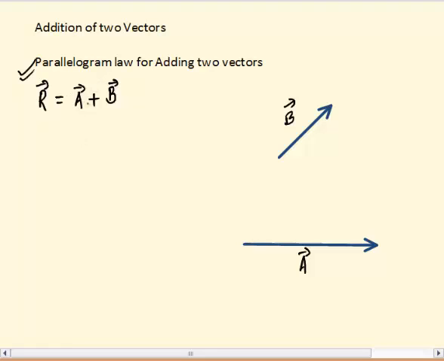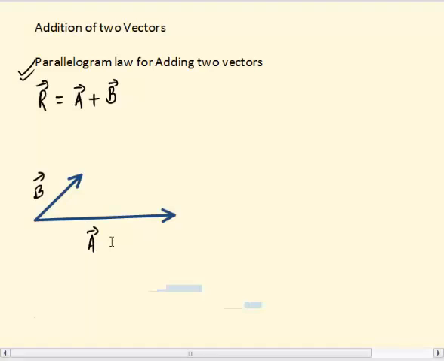It states that we have to complete the parallelogram by joining the tails of two vectors as adjacent sides of the parallelogram. So let's try to do that. Move vector A parallel to itself and B parallel to itself and join them at their tails. So let's say that vector is well defined.